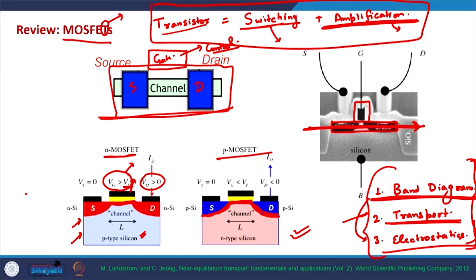Okay. So in this direction, let's take the case of NMOS, and let's call this direction the X direction. In this direction, we have an N-type material on one side, again N-type material on the other side, and in between we have a P-type material.